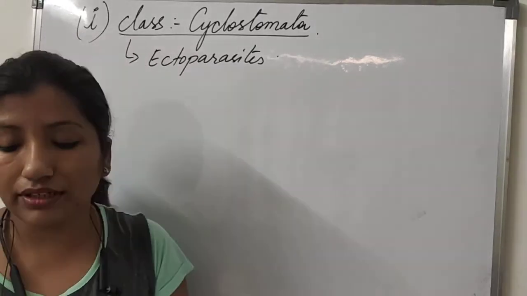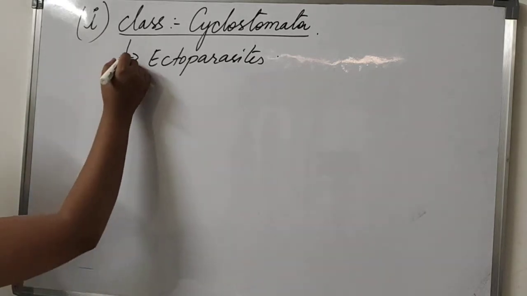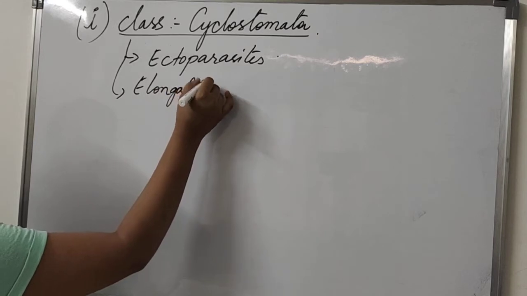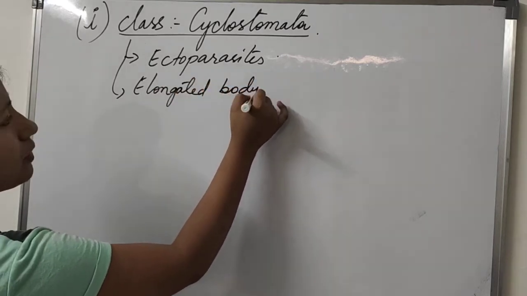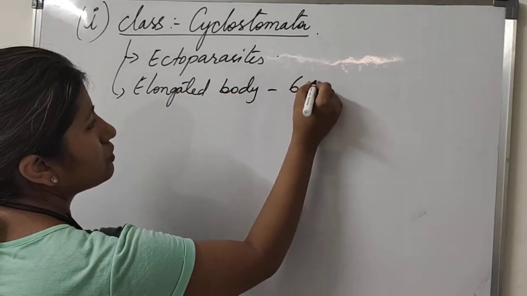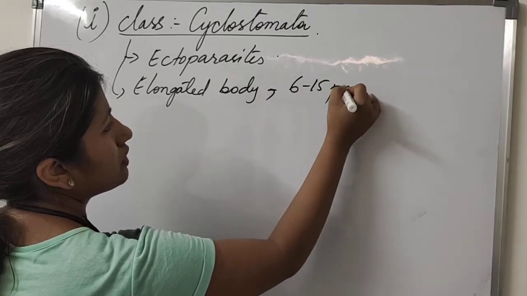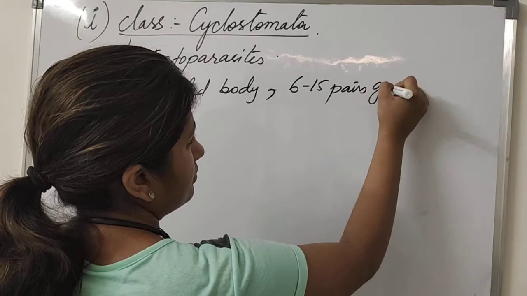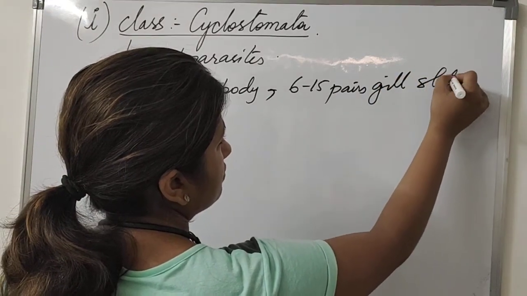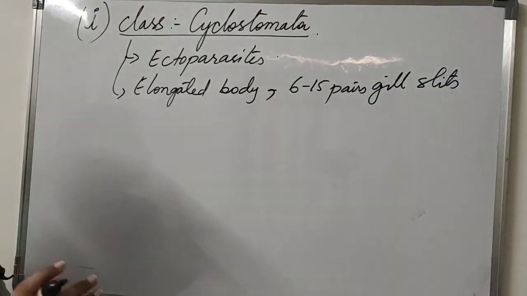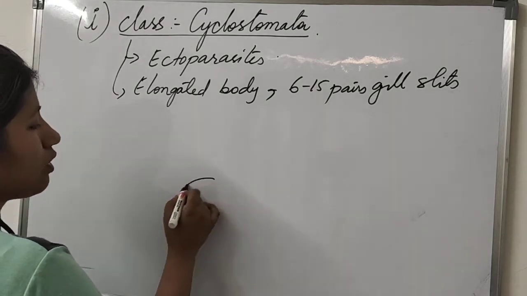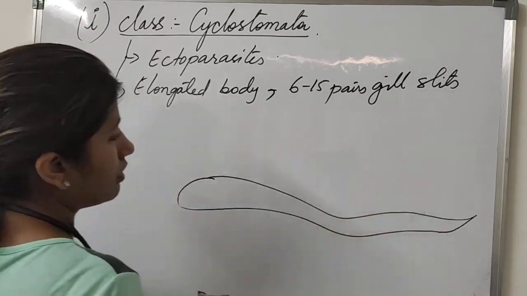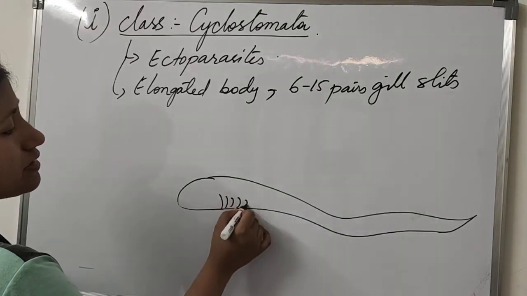So Cyclostomata, they are generally ectoparasites and they have an elongated body with 6 to 15 pairs of gill slits. You can see the diagram of Cyclostomata in your textbook. Elongated body. Their body is elongated like this. Alright, and they have gill slits here.